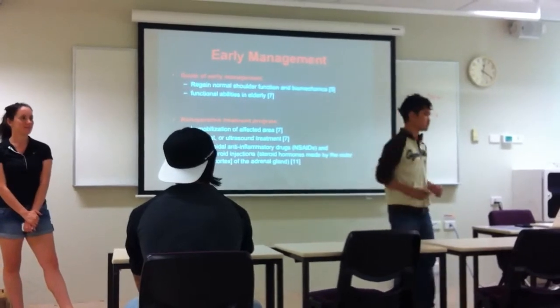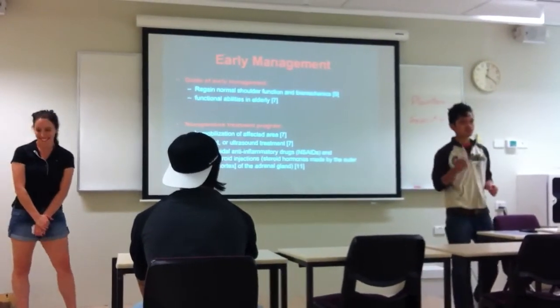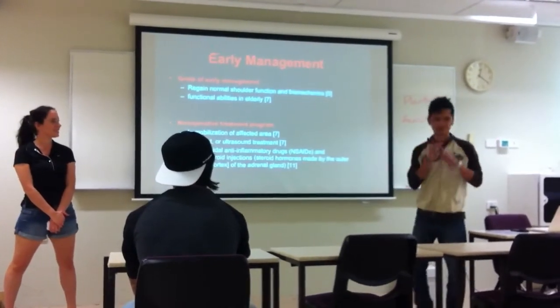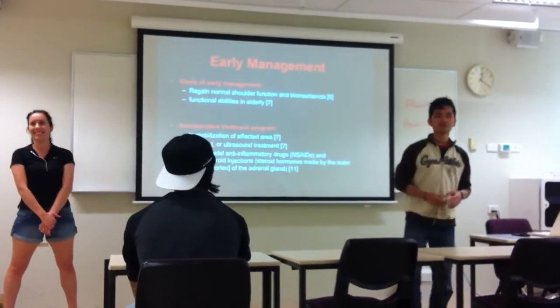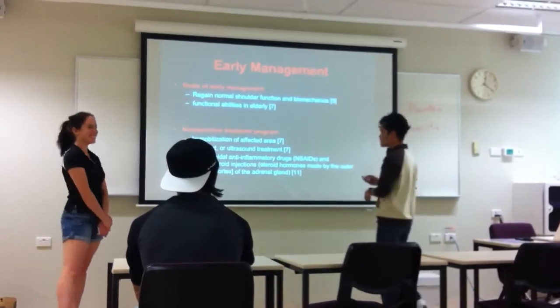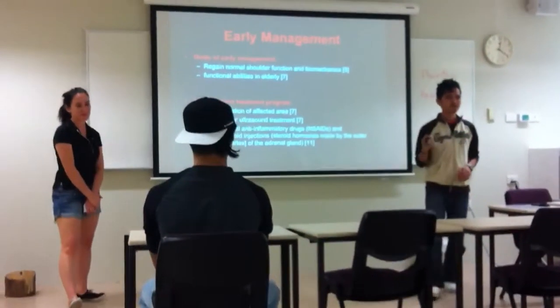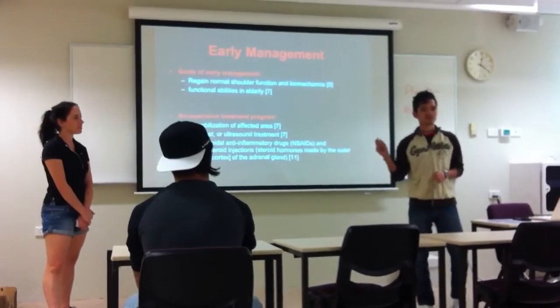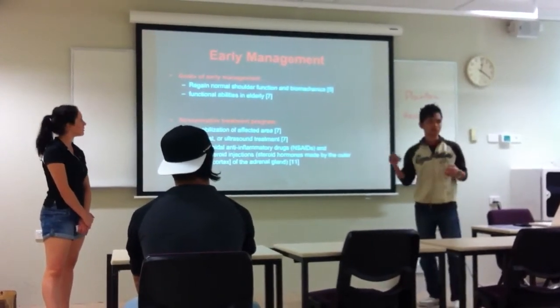Right, early management. What is the action you should take upon having encountered the injury? First up, in any form of injury, you always want to recover your function, normal function and biomechanics.